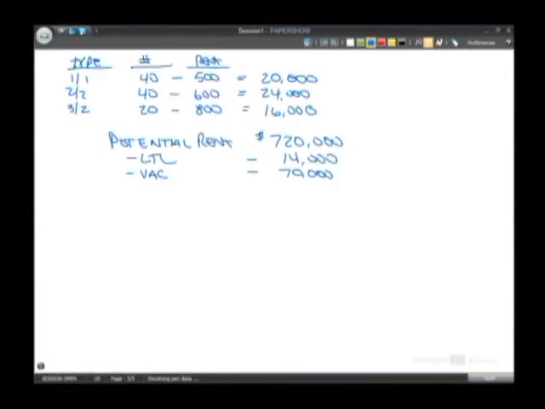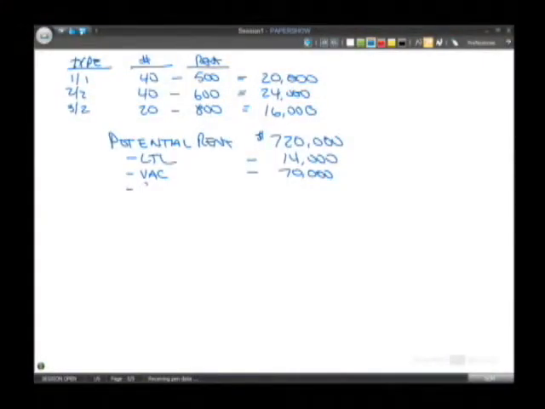Now, you're going to have also people that just don't pay rent. They didn't pay rent, so you've got to evict them, get rid of them. So you're going to have a collection loss, minus collection loss. I'm going to go ahead and assume just a $16,000 collection loss.